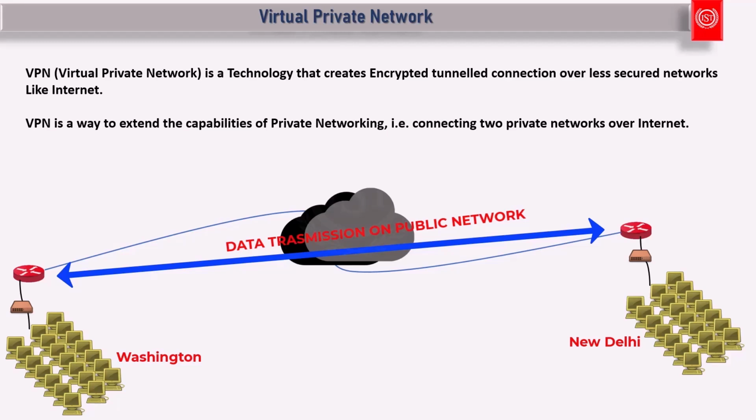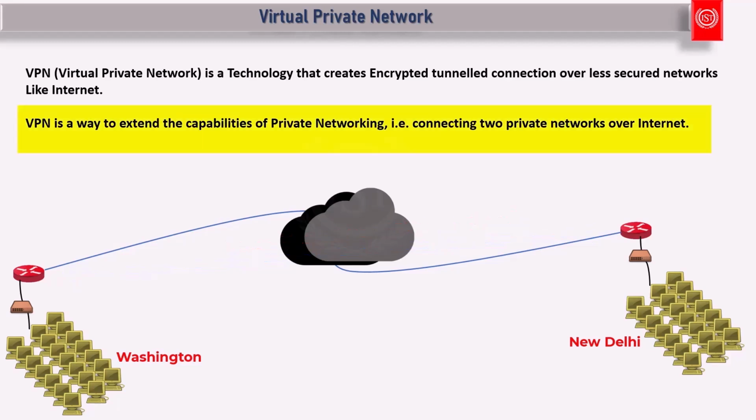In simple terms, VPN is a method to extend the capabilities of private networking. That is, two private networks like Washington and India can communicate with each other as a connected private network.